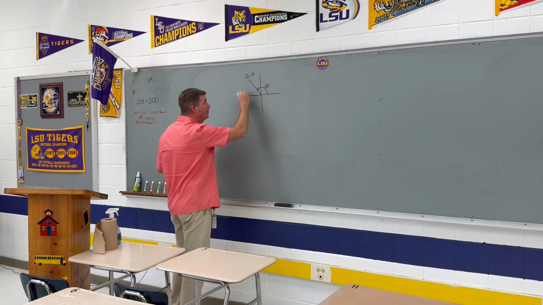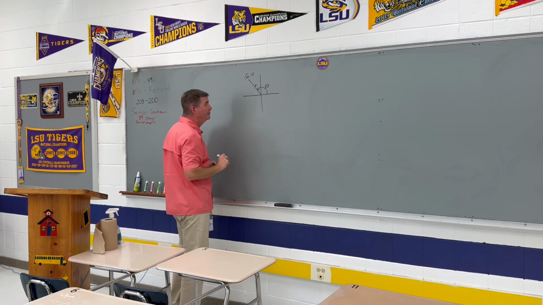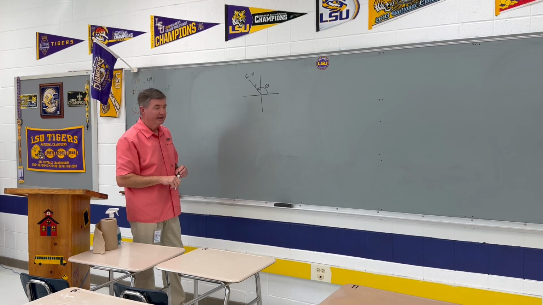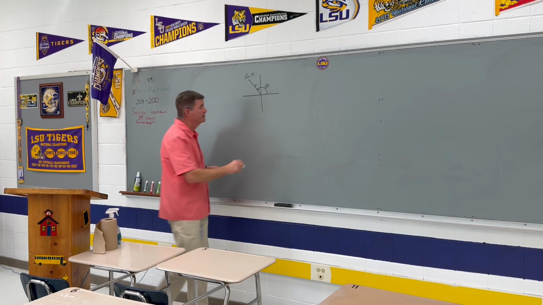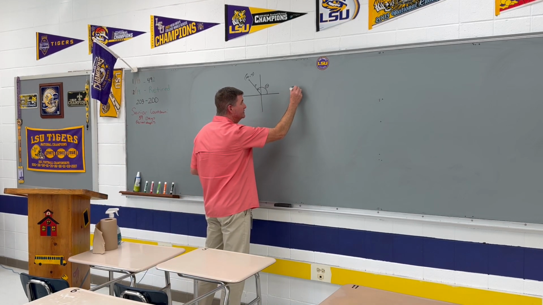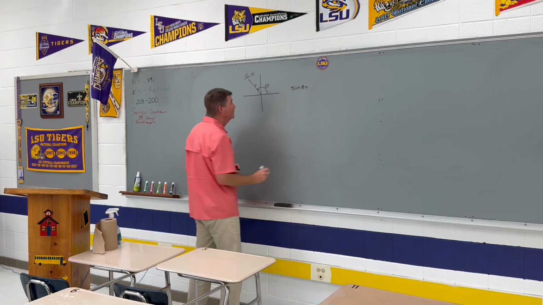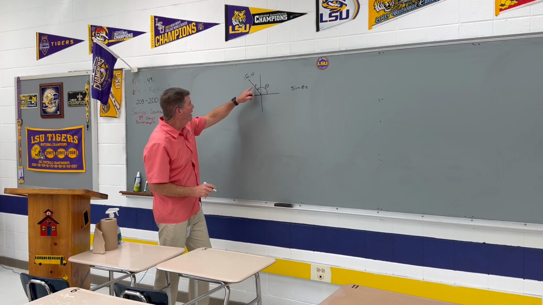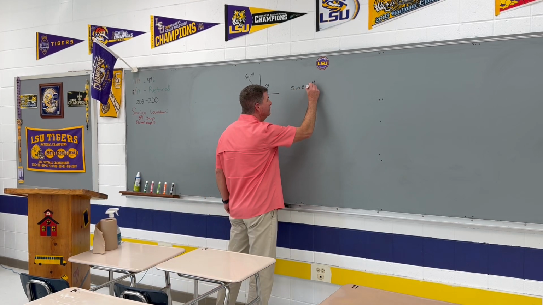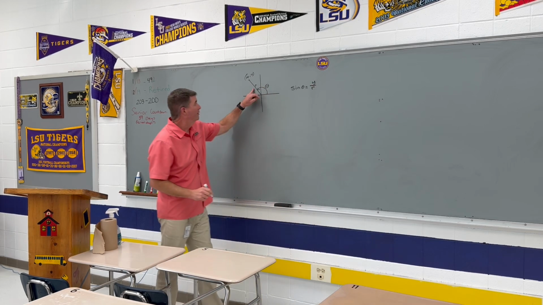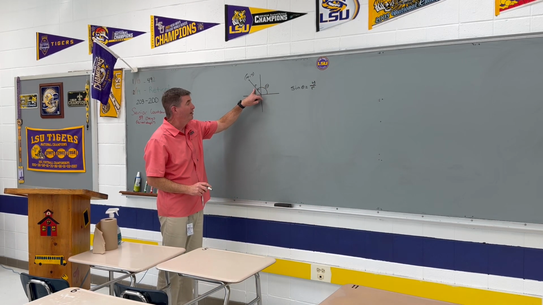The radius is r. We can now define the functions: the sine of theta is equal to not y, but y over r, because r is not like the unit circle where r is 1. In this case, we're going to have to find r.